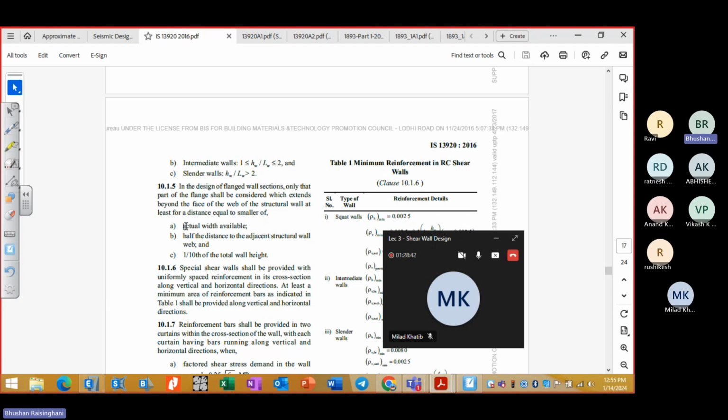So either it is the actual available width, full capital B, full width of the flange we will take, or half the distance to the adjacent structural wall web.